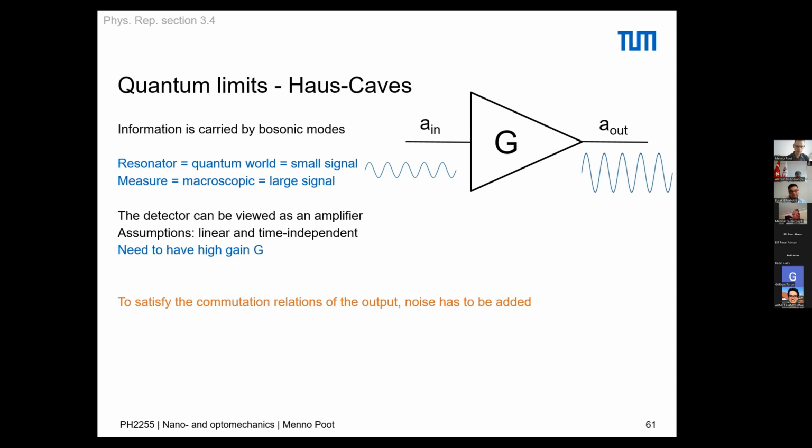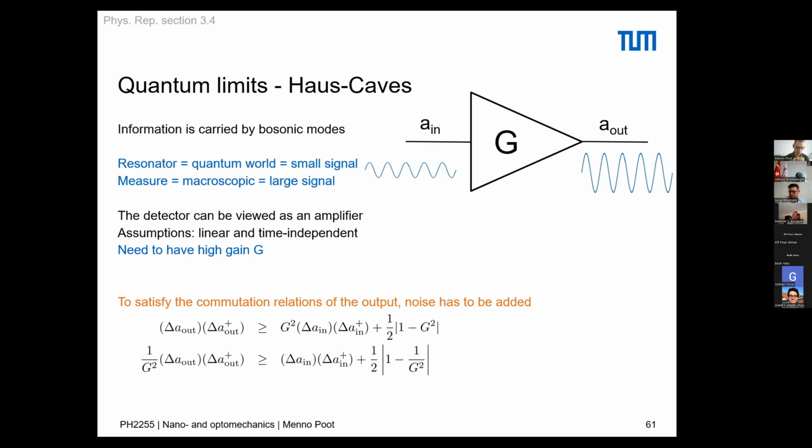And for that, we needed to have high gain. We saw that a fundamental assumption is that information is carried by bosonic modes, meaning that we had to satisfy commutation relations between operators. And we found that the noise at the output is the noise that is already present at the input, as we can see over here, plus this term over here. That's the added noise by the amplifier, by the detector, if you wish.